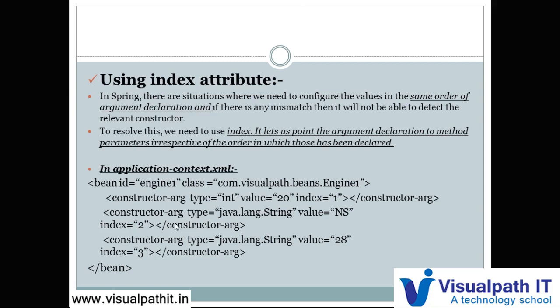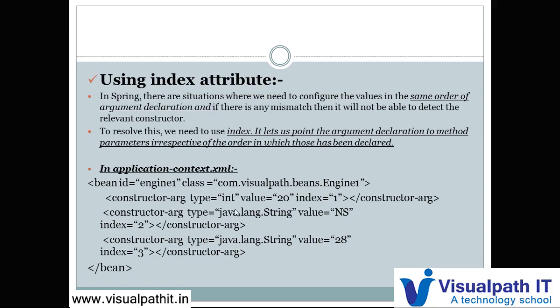For example, see here, this is an applicationContext.xml where we have the bean id, the class path, and the constructor argument type is equal to int, value is equal to 20, index is equal to 1. Here we are specifying index is equal to 1.